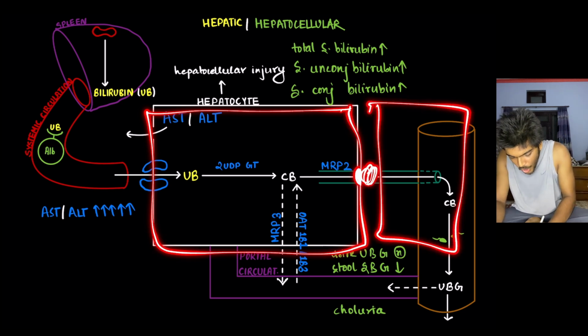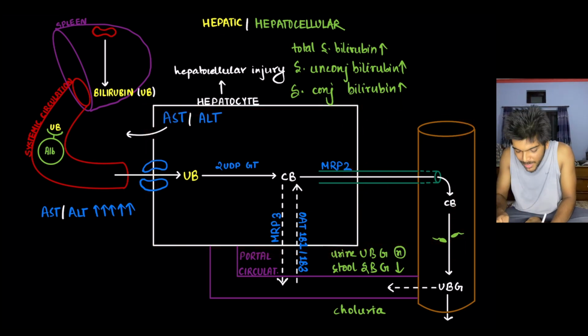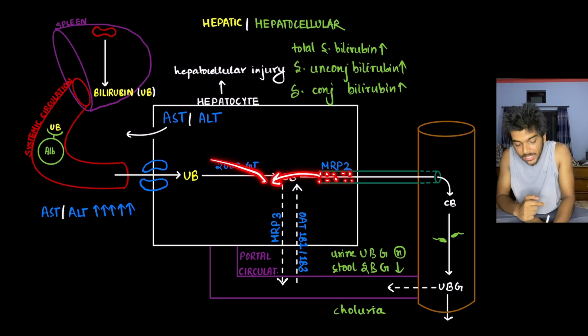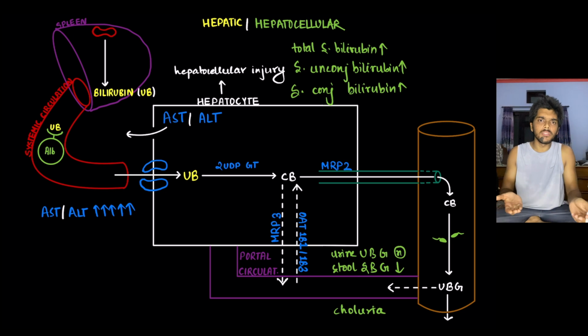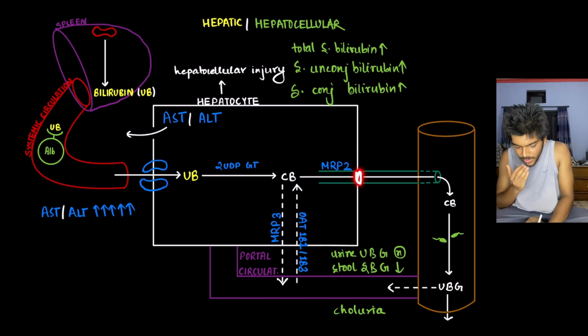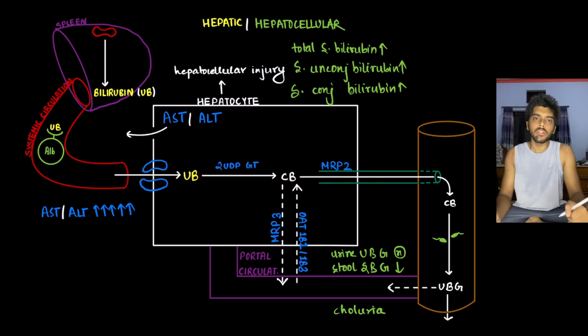Let's say there is compression of the bile canaliculi. Then whatever is present within the bile canaliculi will be spilled back into the cell and then back into the circulation. Simple logic. If there is obstruction here, whatever is present within the bile canaliculi can't move forward. It will be spilled back into the cell and back into the circulation.